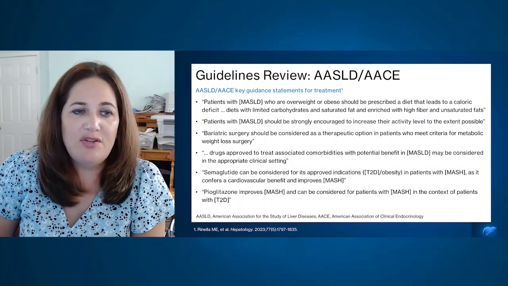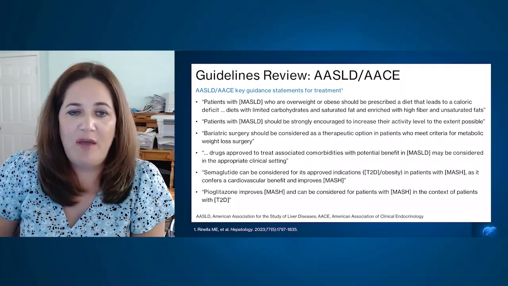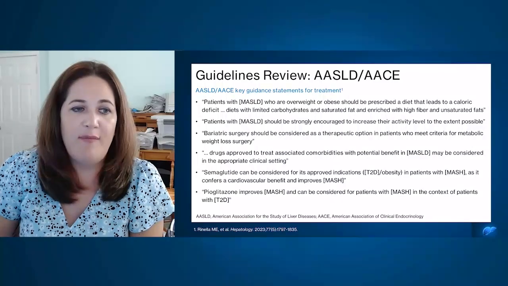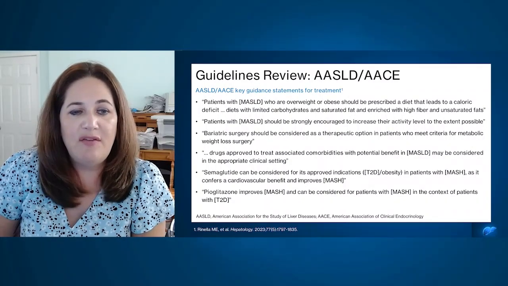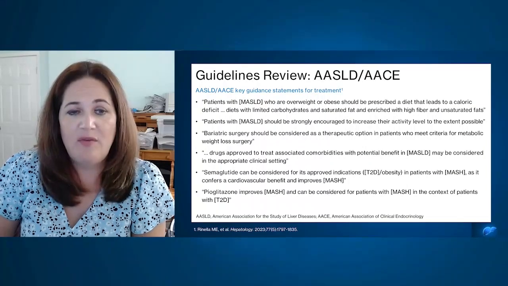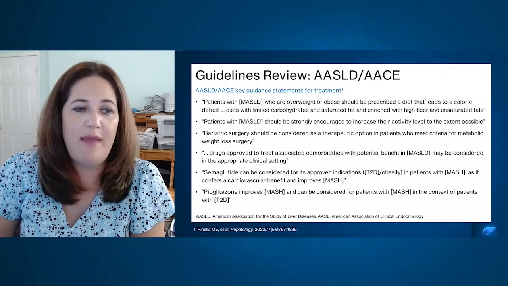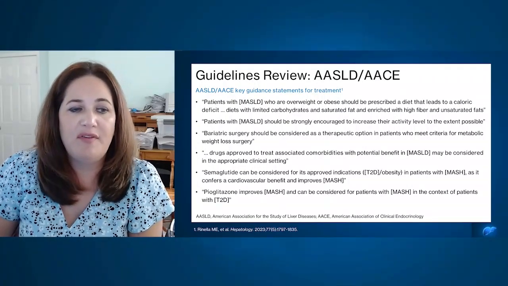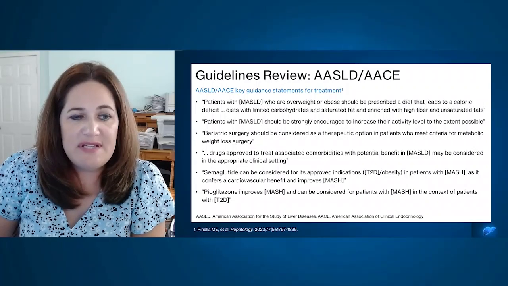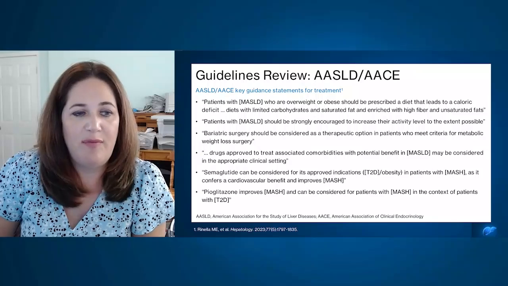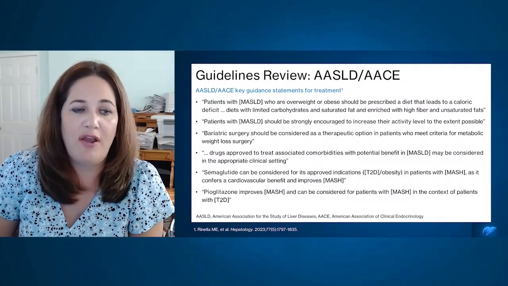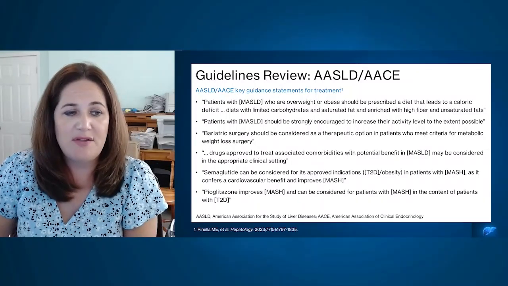Bariatric surgery should be considered as a therapeutic option in patients who meet criteria for metabolic weight loss surgery. Drugs approved to treat associated comorbidities with potential benefit in MASLD may be considered in the appropriate clinical setting. Semaglutide can be considered for its approved indications in patients with MASH, as it confers a cardiovascular benefit and improves MASH.